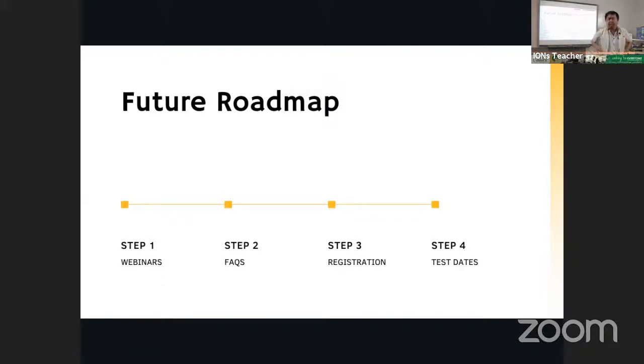Now we will compare the relative difficulty between the GMAT and GRE quantitative section and verbal section. I'm going to talk about the quantitative section first. From the test format and the types of questions, it's obvious that the GMAT requires more quantitative skills than GRE.